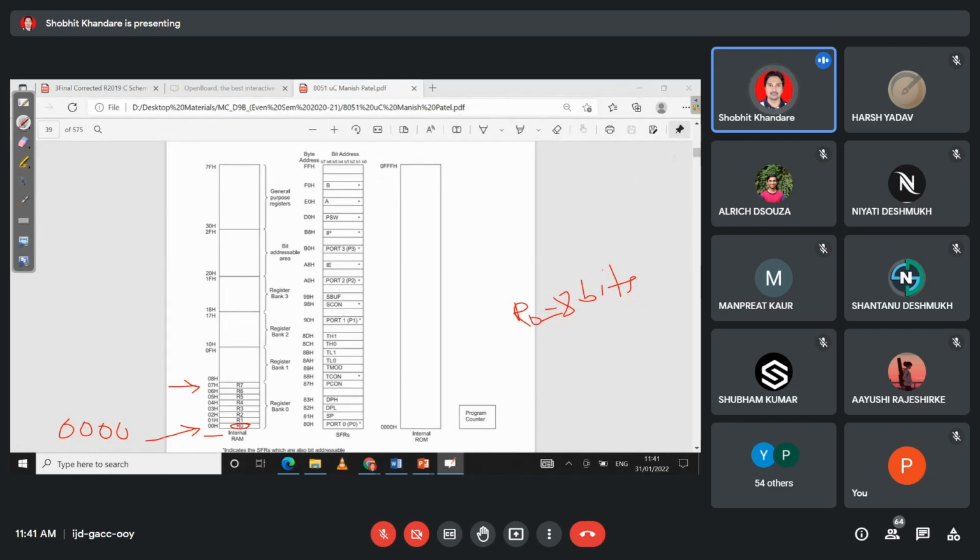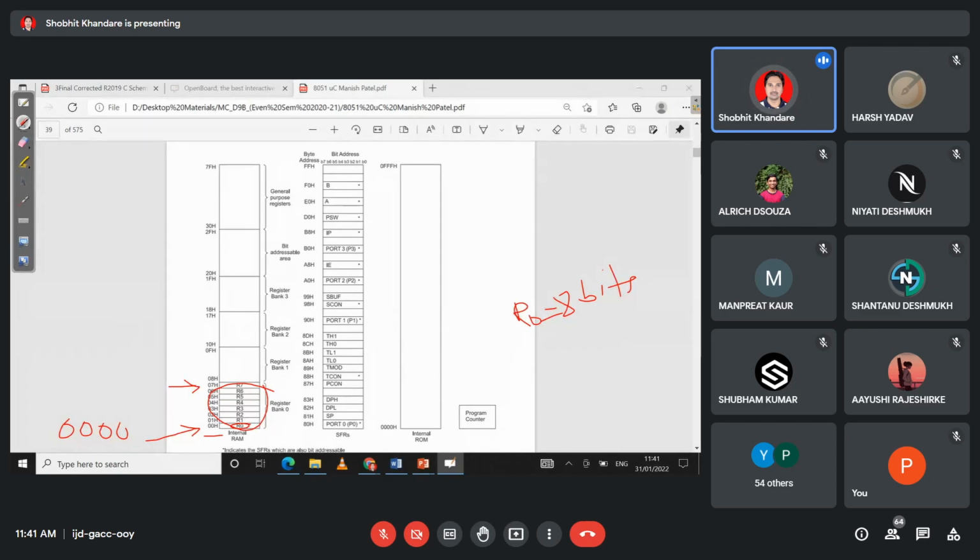If I tell you that the address from 00H to 07H has a total of 8 bytes, then a total of 8 bytes are dedicated to register bank 0. These registers R0 to R7 are reserved for register bank 0.